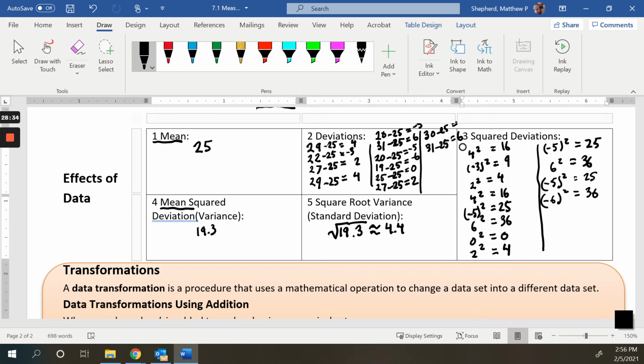So on average, the age differs by about 4.5 years. So all the contestants are about 4.5 years apart on average.